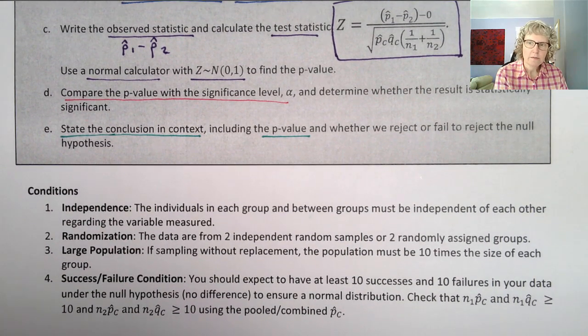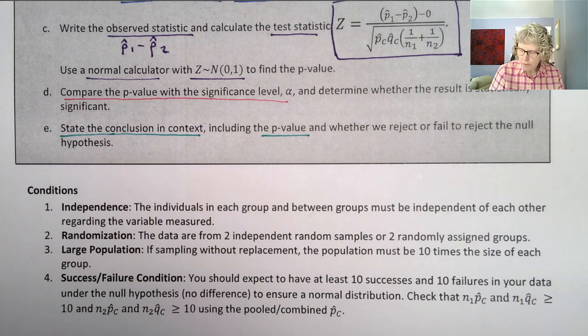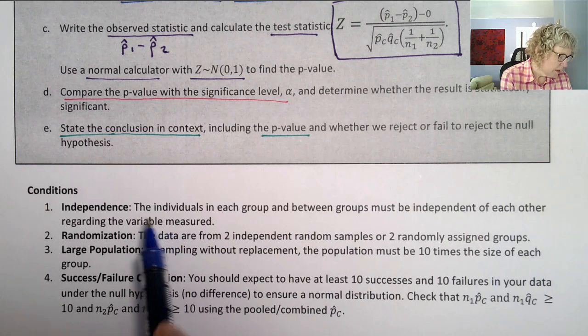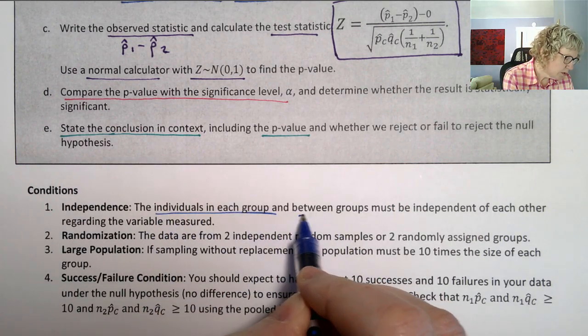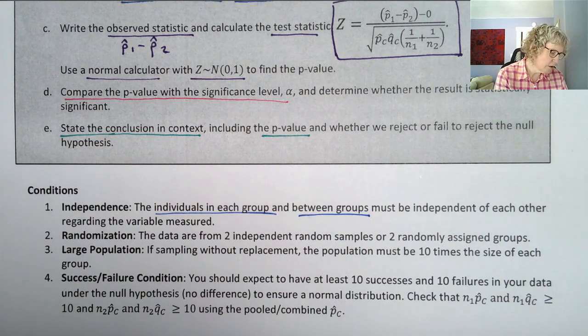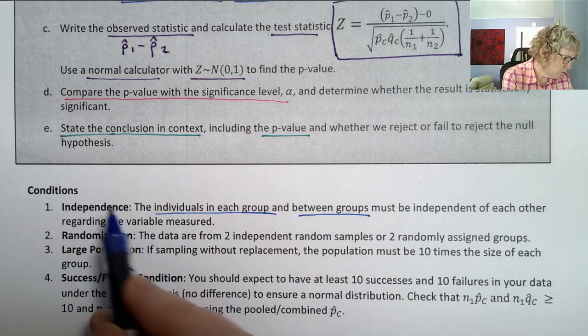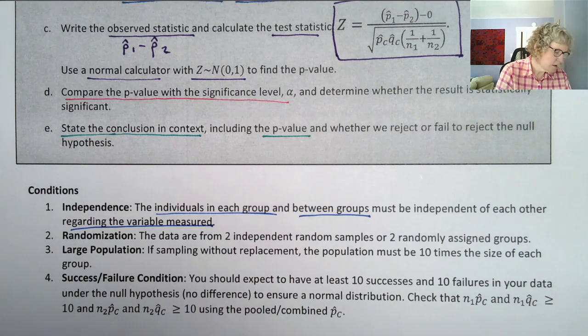Okay, this will be similar to our confidence interval for two groups. Individuals in each group and between groups must be independent of each other regarding the variable measured. Randomization.